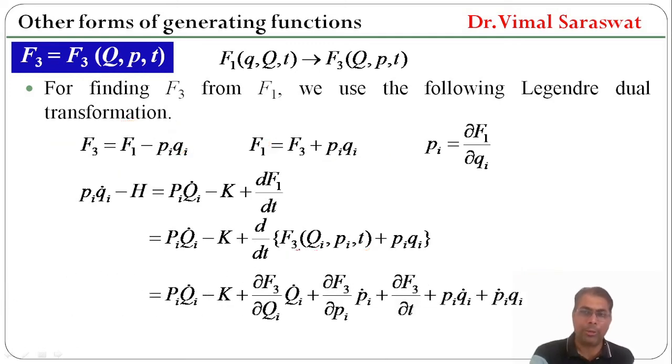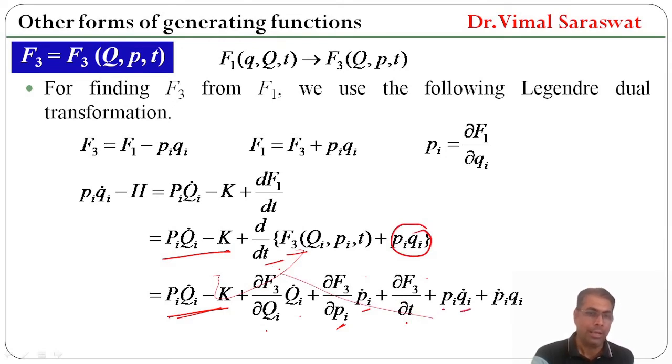So pi qi dot minus H equals capital Pi Qi dot minus K as it is, and the differential of F3 with respect to time is del F3 by del capital Qi into capital Qi dot plus del F3 by del pi into pi dot plus del F3 by del t. Also we differentiate pi qi with respect to time: pi constant and differential of qi is qi dot, and second time qi is constant and differential of pi is pi dot.